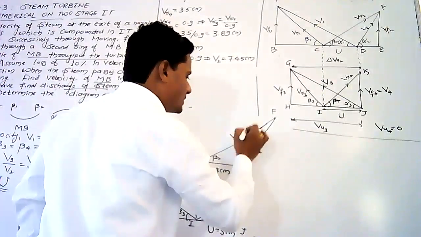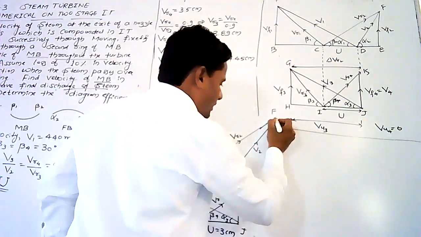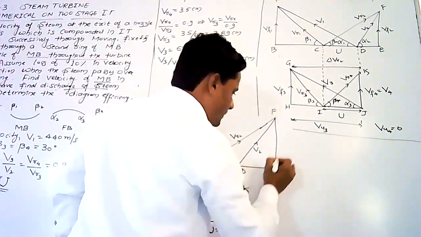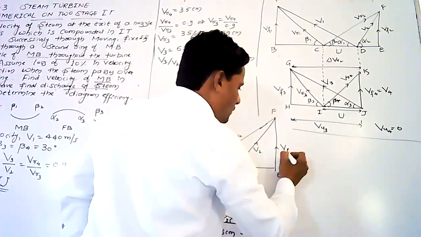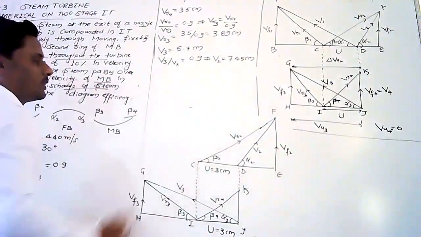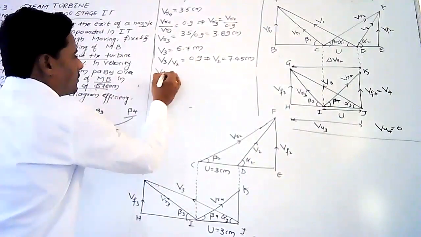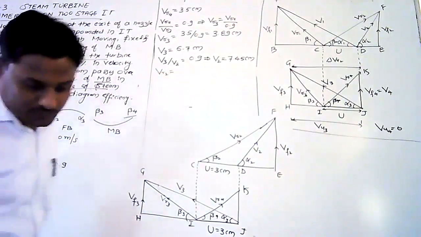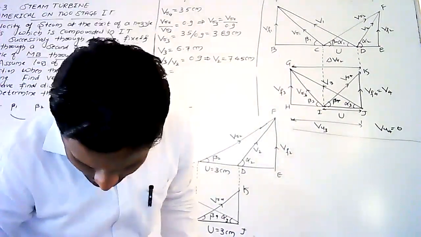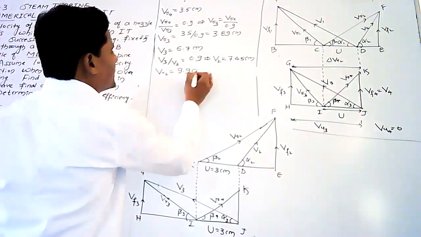This is VR2, point F. Now from point F, drop a vertical line up to E and join DE. This is VF2, and this is alpha 2. Now measure VR2 in terms of centimeters, that is 9.9 centimeters.